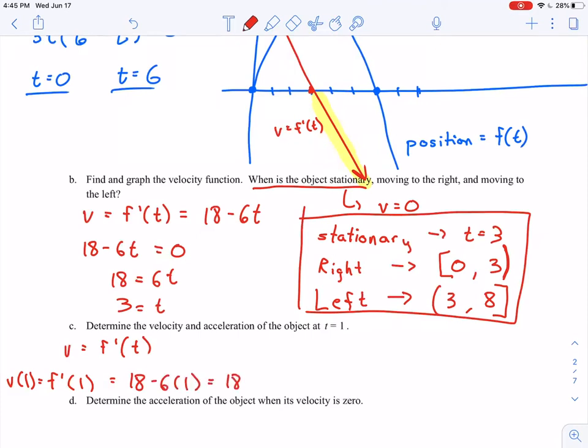This is 18 minus 6, which gives me 12. I want to give a unit here because we're talking about velocity. We don't have a unit given, so I'm going to say meters per second, just because I'd like to pretend that I live in a world where we all use the metric system. So we'll say 12 meters per second. That's my velocity.